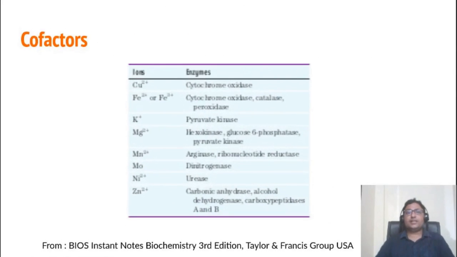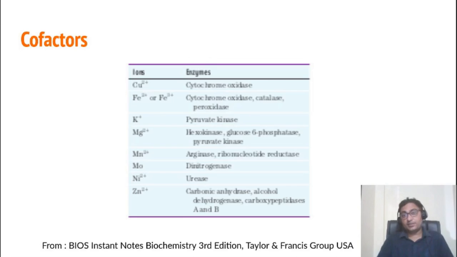A few of the cofactors I have listed for the lecture: copper is required by cytochrome oxidase, whereas iron is also required by catalase or cytochrome oxidase. Potassium ions are required by pyruvate kinase enzymes. Likewise magnesium, and molybdenum.